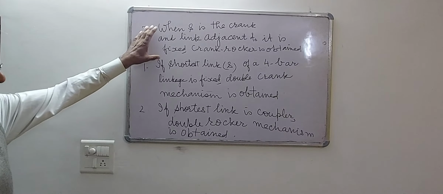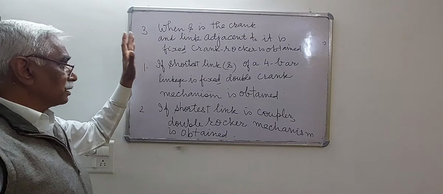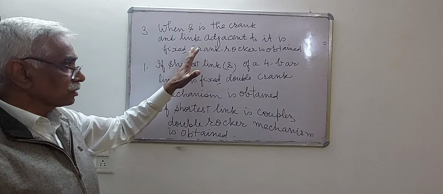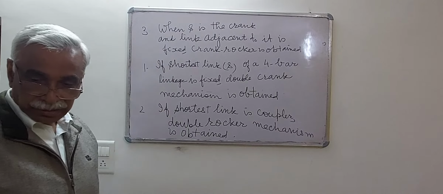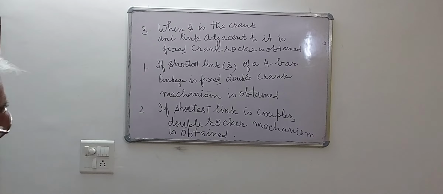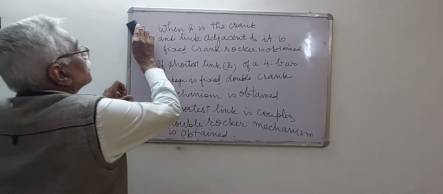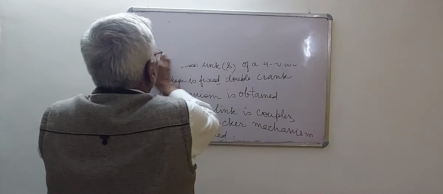Point number 3: if the shortest link is the crank and any link adjacent to it is fixed, a crank rocker mechanism is obtained. These 3 conditions can be understood with the help of some numerical examples.